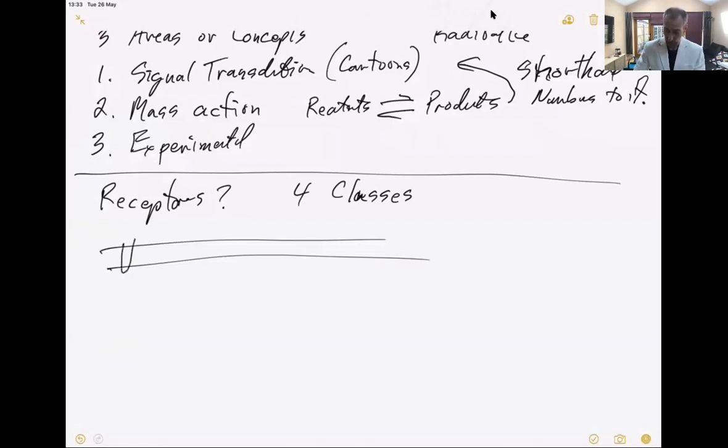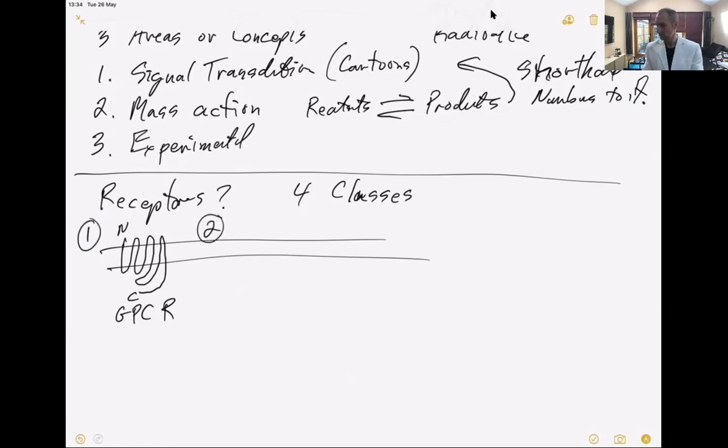So one class will be G protein coupled receptor, or GPCR. Get used to that. This will have an N terminus out here, a C terminus inside. It makes sense later when we go through how the structural changes occur when ligands bind to this. So that's the first one.